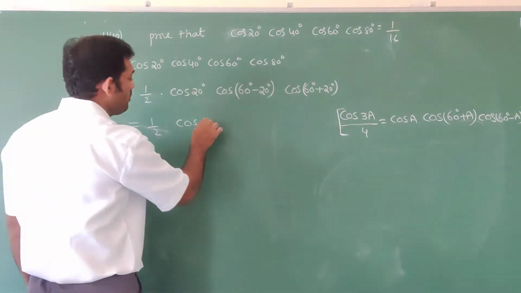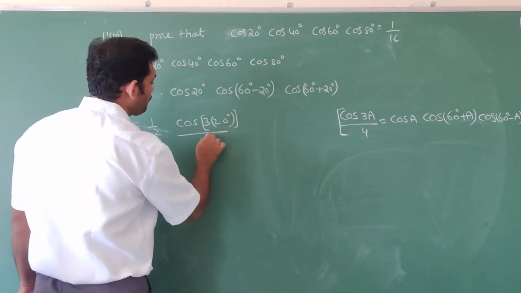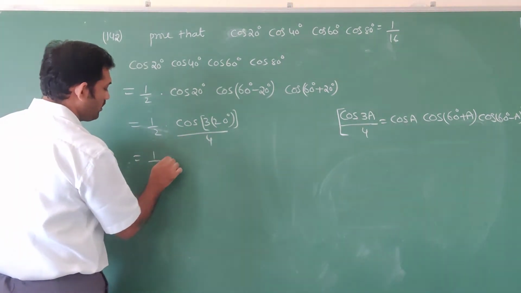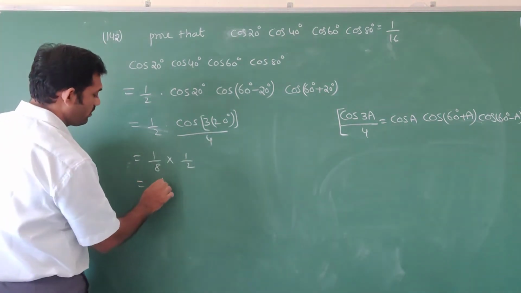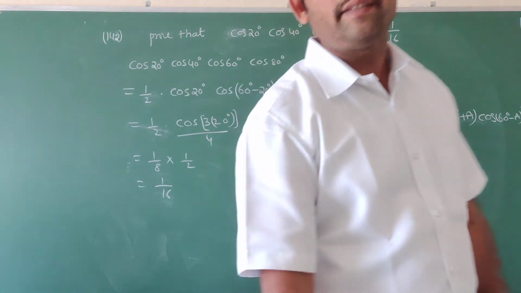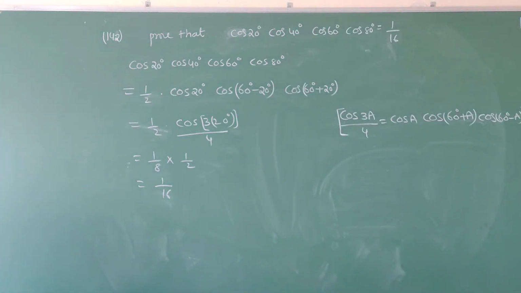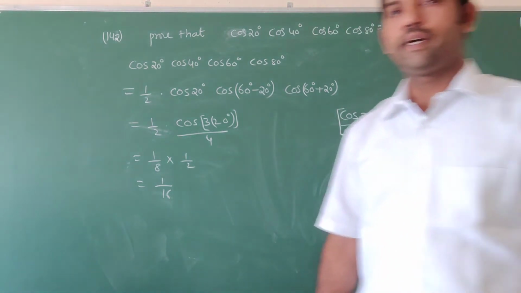So 3 into 20 degrees divided by 4. So 2 into 4 is 8, 1 by 8 into cos 60 degrees value 1 by 2. So this is 1 by 16. Note down fast.